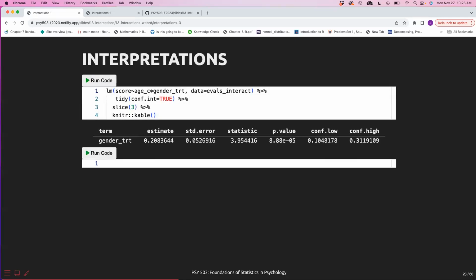What about b sub 2 here? So we have this estimate of 0.21.